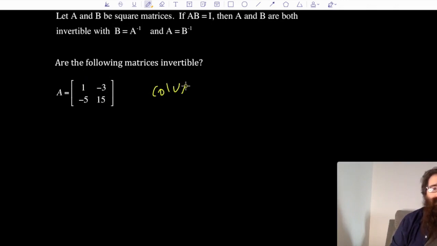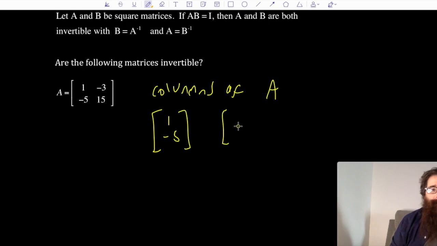So the columns of A are these two column vectors, (1, -5) and (-3, 15). And we'll notice right away that these are linearly dependent.